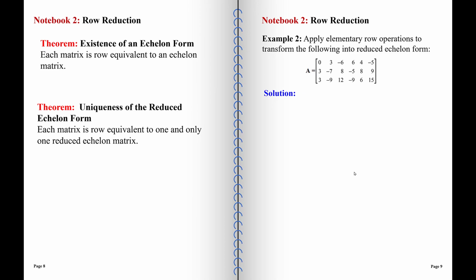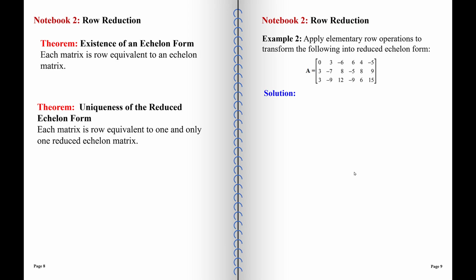Okay, I've alluded to this theorem, existence of an echelon form. So first off, you can always put a matrix in echelon form. That's what that theorem says. The theorem actually says each matrix is row equivalent to an echelon matrix. And that means it's row equivalent to a matrix in echelon form, which says if we're given any matrix, we can always put it in echelon form.